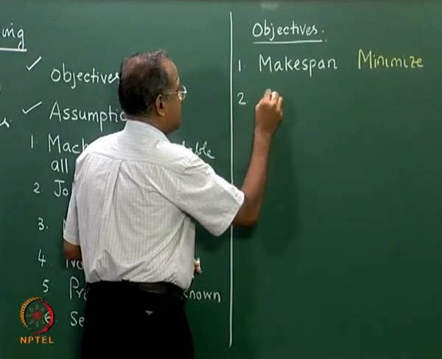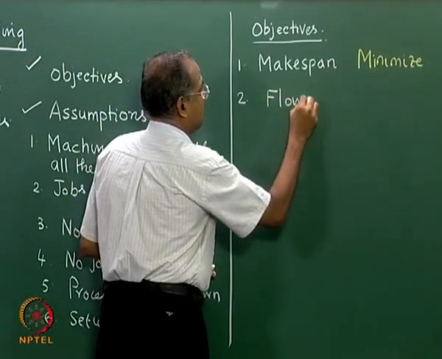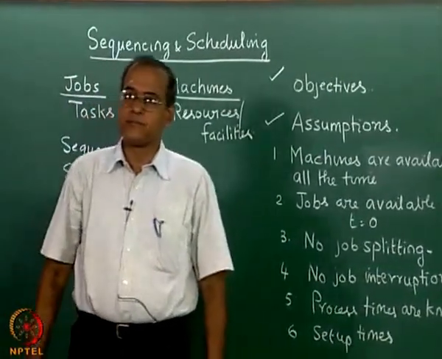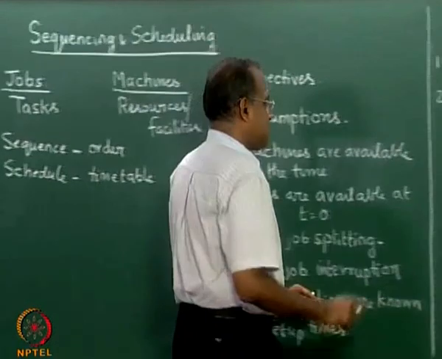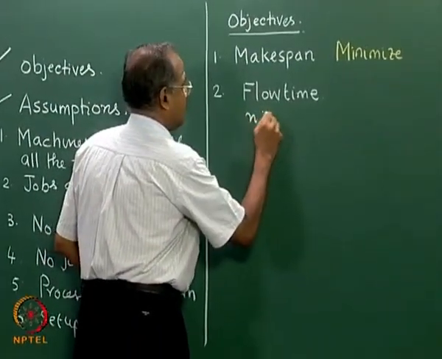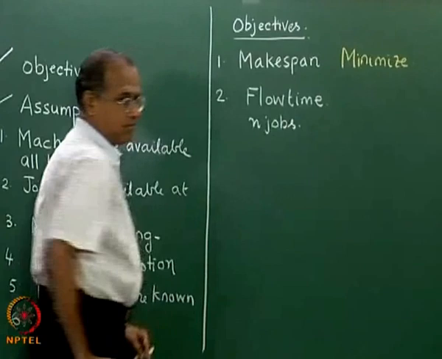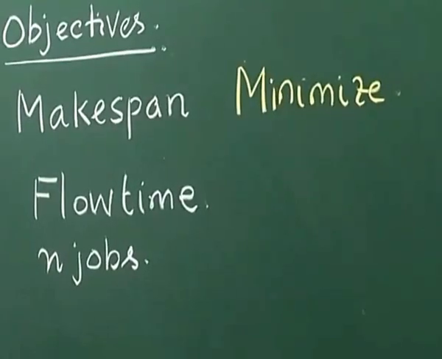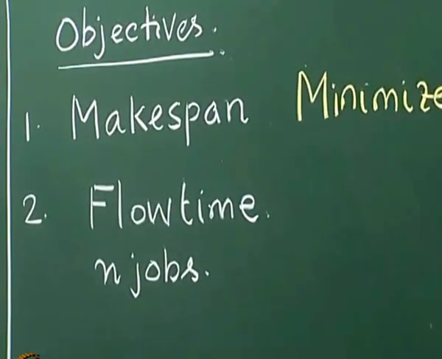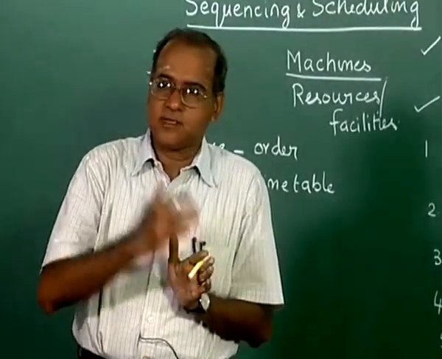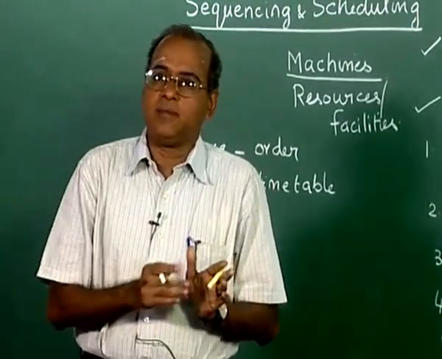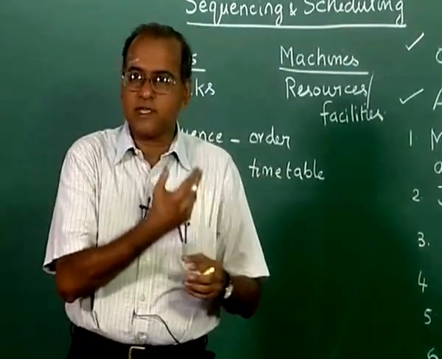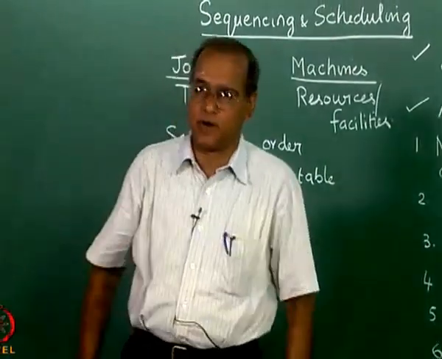The second objective is called the flow time. Now, if we have n jobs to be done on a set of machines, all the jobs are available at time equal to 0. They may start processing at time equal to 0 or they may start processing later, but each and every one of these jobs gets completed at a certain point.